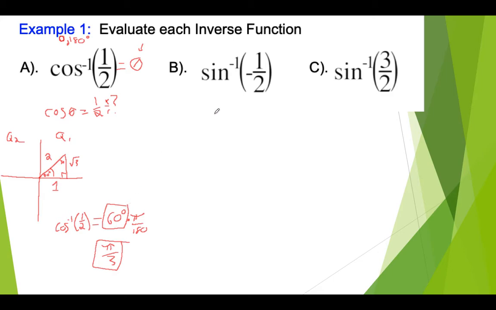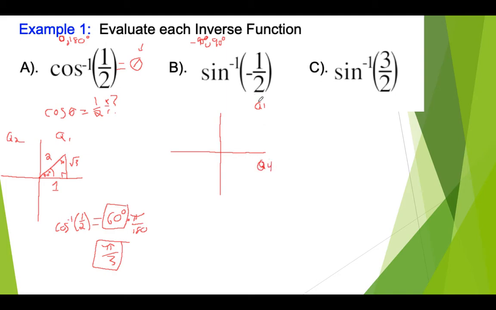Okay. Now sine inverse of negative 1/2. So I'm going to draw my thing. Now remember, the range for this was restricted between negative 90 degrees and positive 90 degrees. Meaning negative 90 would be down here, positive 90 would be up here. So sine inverse would have to be in quadrant 1 or quadrant 4.